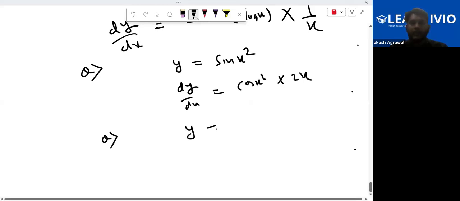Try to solve another one. y equals tan x cube.